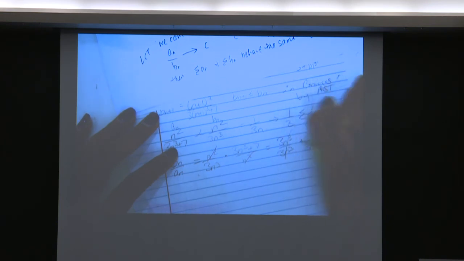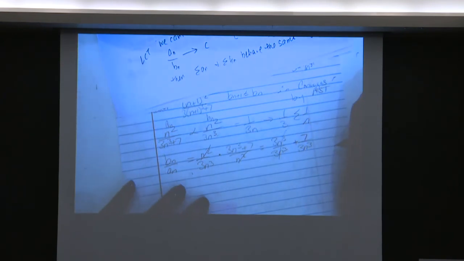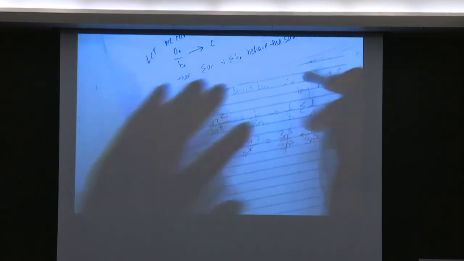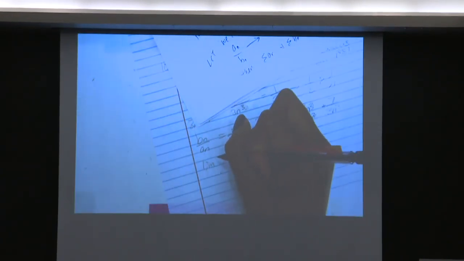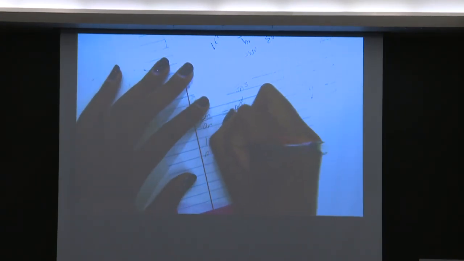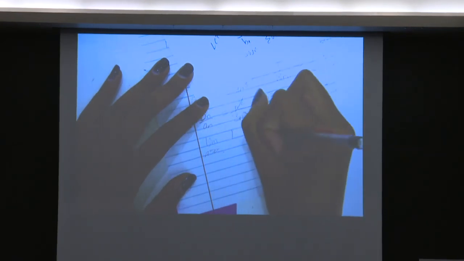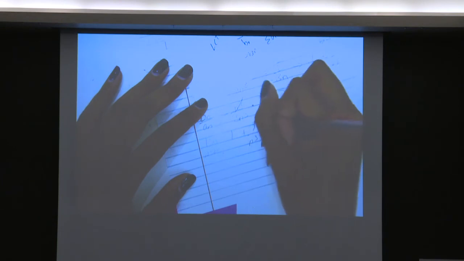That gives me 1. So the limit as n approaches infinity of 1 plus 7 over n cubed, that goes to 0. So the limit of it is 1.